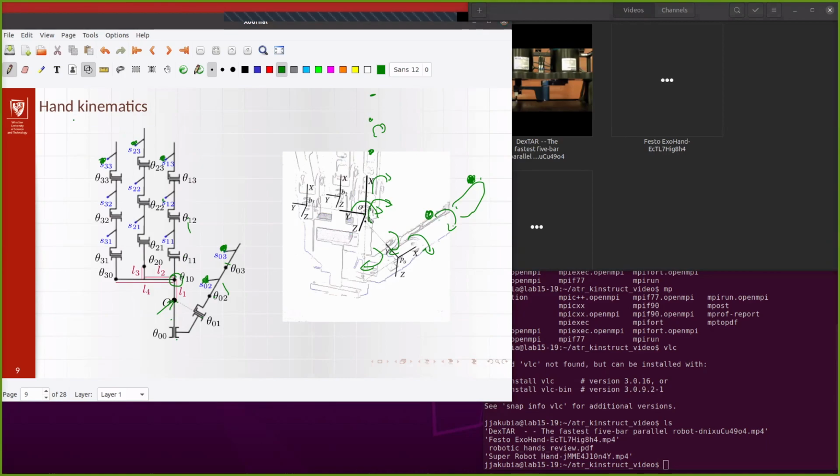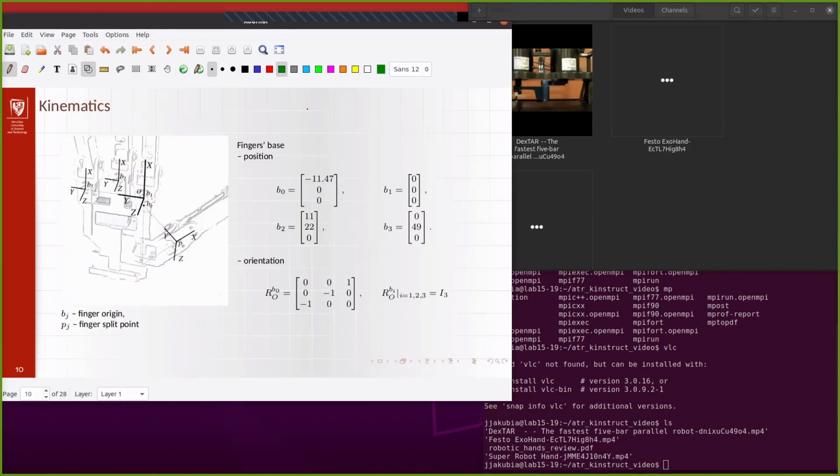So depending on the task, you can say, either only the tips of the fingers, then we will make it simple. We will make three separate single manipulators, or we can consider all these points, and then we will have a real tree structure. Okay, so what do we do with the calculations?